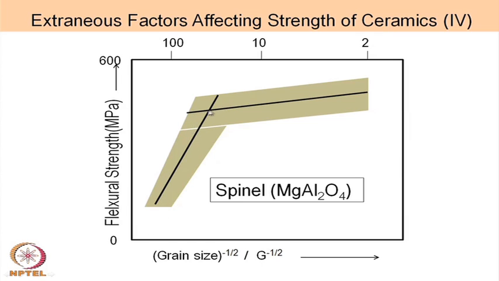At a smaller grain size we get a lower slope, the variation is less, whereas at a larger grain size the variation is much faster, and you have a greater slope in this region. And of course, there is always scatter around this particular line.